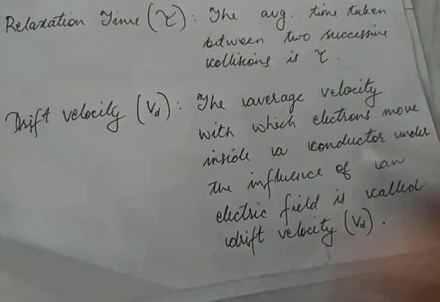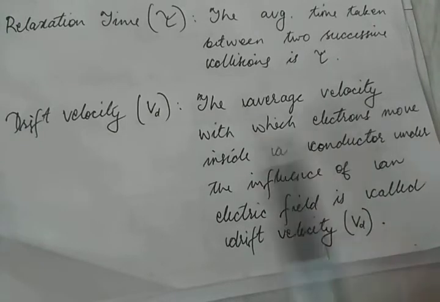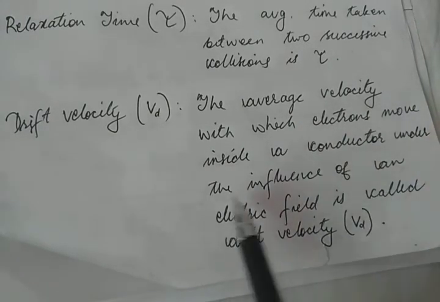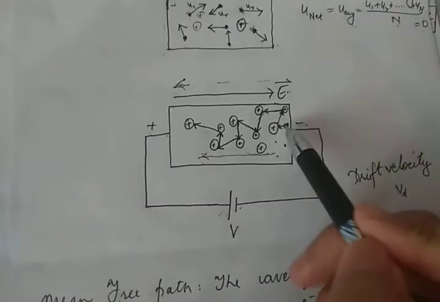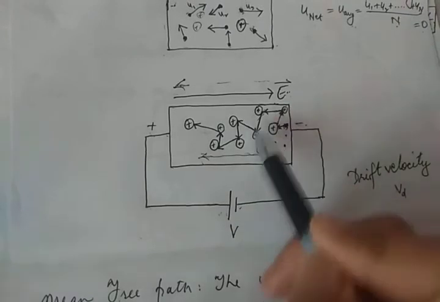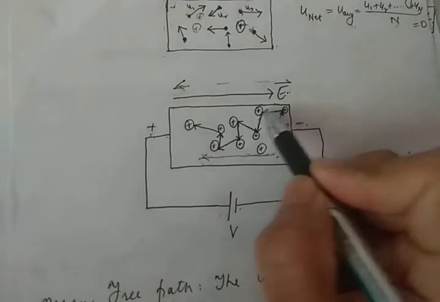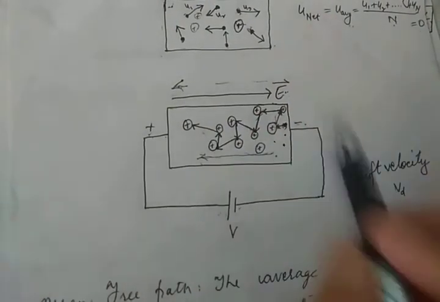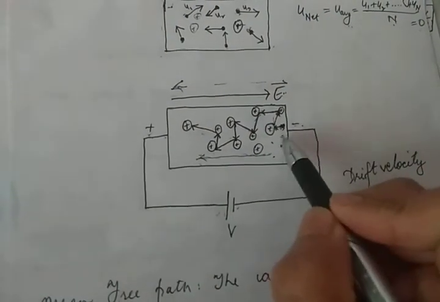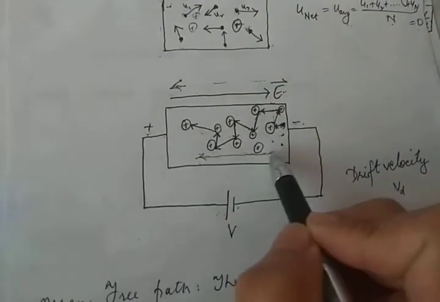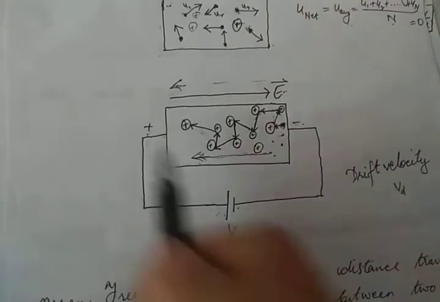So let me first show you the definition of drift velocity here. What is drift velocity? The average velocity with which electrons move inside a conductor under the influence of an electric field is called drift velocity. What I have shown here is the electron effectively moving towards the positive terminal. It moves with all possible velocities, and the other free electrons also move with all possible velocities, but they effectively drift towards the positive terminal.